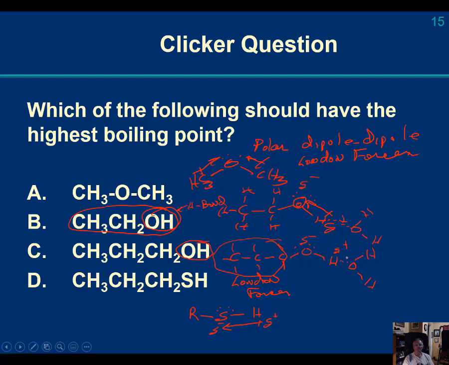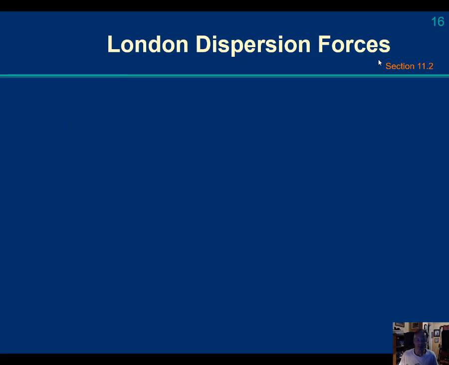Okay, so more carbons with the same OH group mean that this is going to have a higher boiling point than the ethanol. So in terms of solubility, as you get more and more carbons, the molecule will become less and less soluble in water. So let's talk about London dispersion forces.